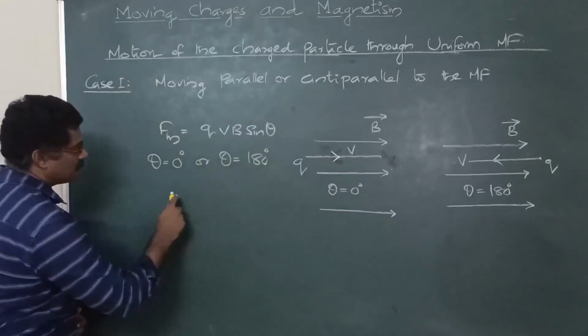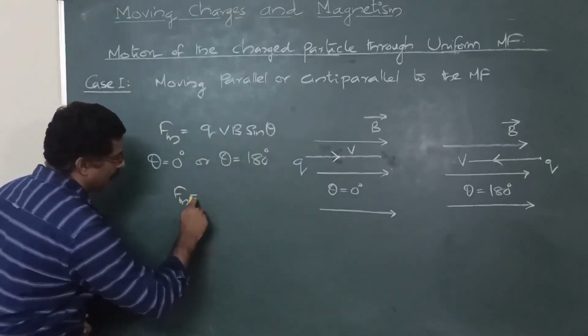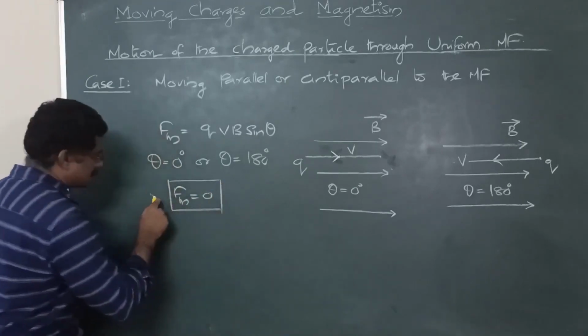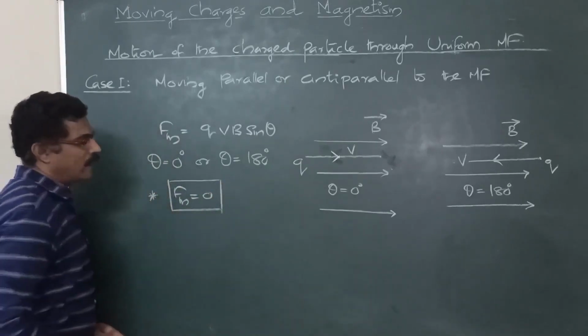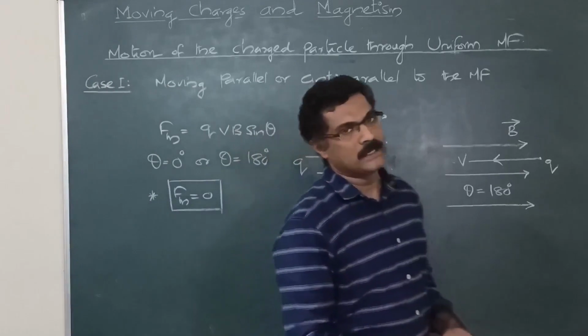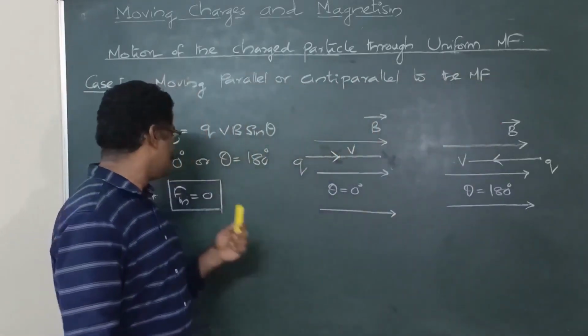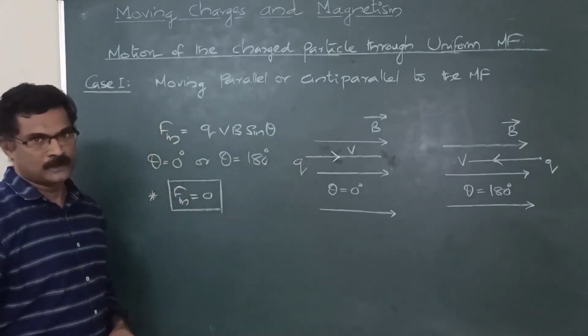So in both cases, what is the value of the magnetic Lorentz force acting? 0. So this is the first question: what is the magnetic Lorentz force acting when the charged particle is moving parallel or anti-parallel? That we already studied. That is equal to 0.